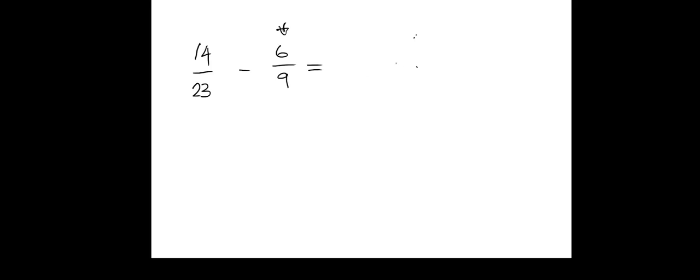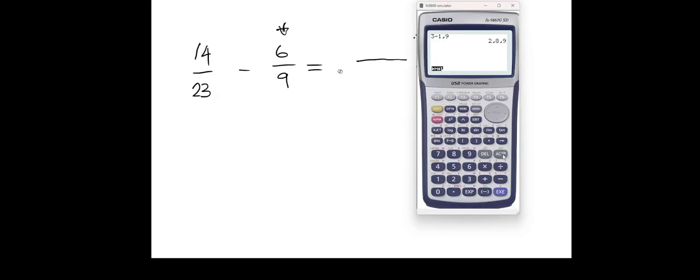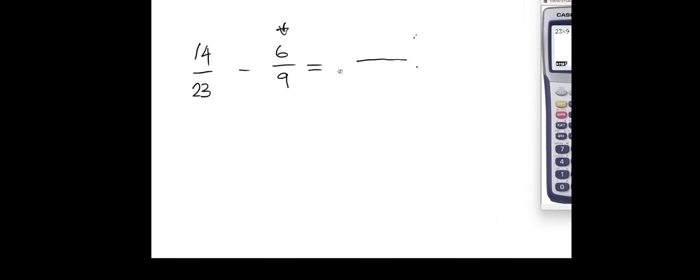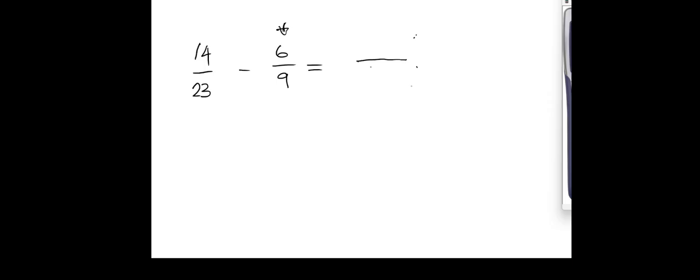Okay. Well, it's exactly the same thing. Bottom times bottom. So 23 times 9. I don't expect you to know your 23 times tables. So 23 times 9 is 207. Okay, bottom to top, bottom to top. 23 times 6.